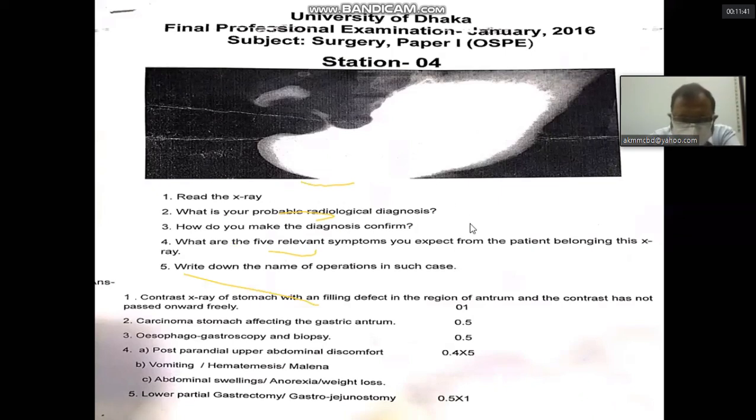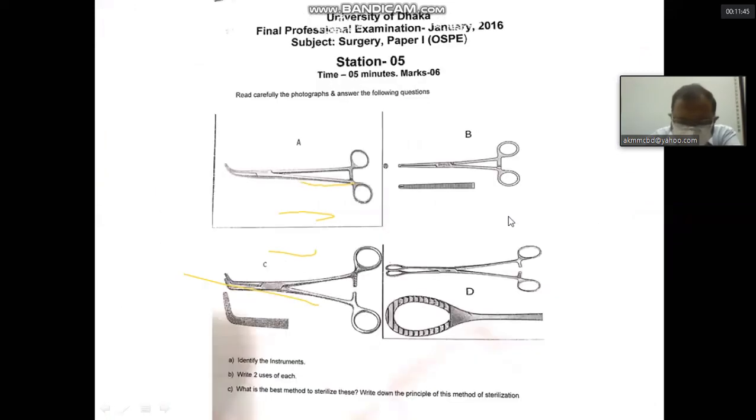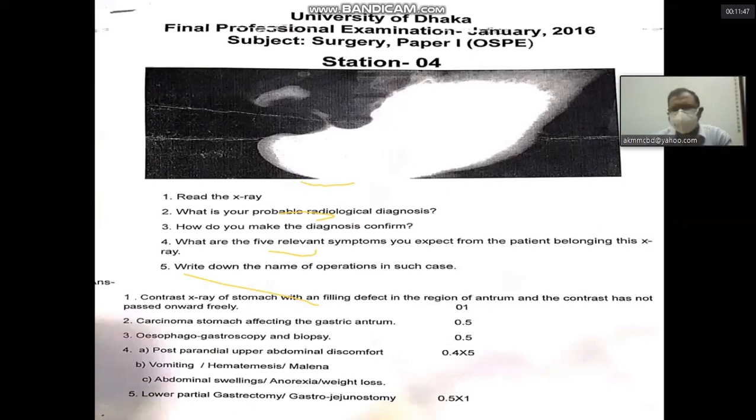The next question is, write down the name of operations in such a case. What will be the name of the operation for gastric outlet obstruction due to carcinoma stomach? Gastrojejunostomy. You have to write the complete name: lower partial gastrectomy with gastrojejunostomy.